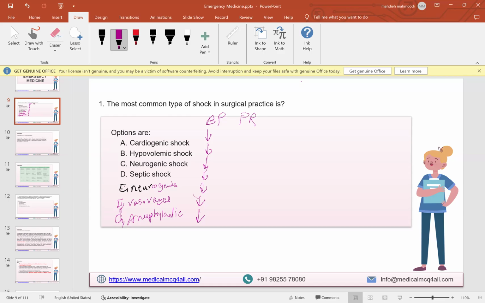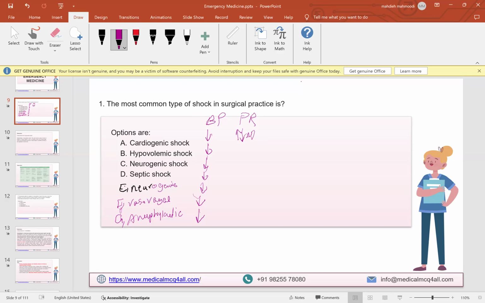How's the pulse rate in cardiogenic shock? Increase. It could be anything. It could be increased, it could be decreased, it could be normal, right?